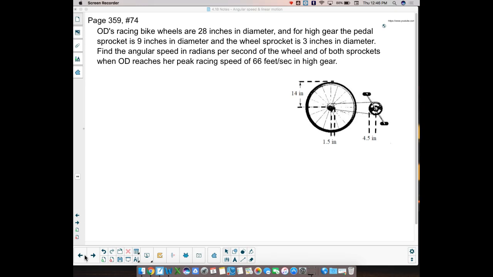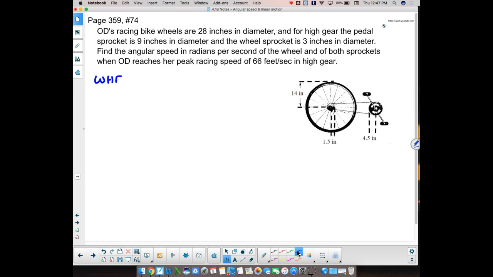So the wheel here, I can find the angular speed of the wheel because the wheel is moving at 66 feet per second.